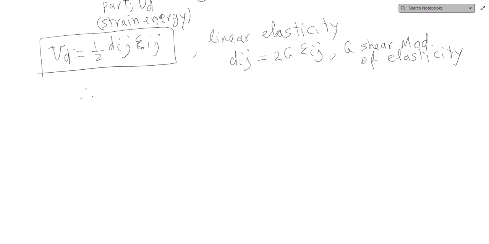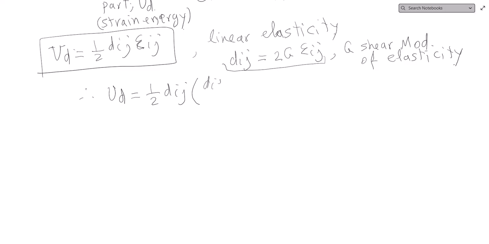Therefore, my UD would be 1/2 dij, and for epsilon ij I use this equation.